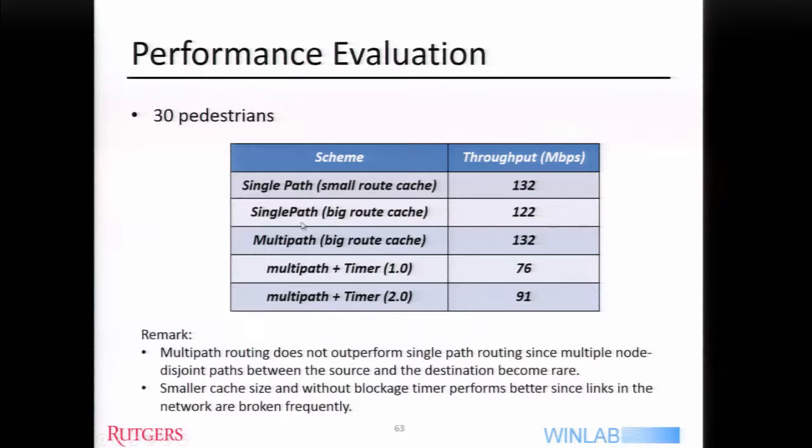And just like the mobile ad hoc network when nodes are moving faster, when too many people are in the room, link outage will happen very frequently. In that case, probably the shortest path with a smaller cache size will be the best solution when there are 30 pedestrians in the network. The blockage timer will not help a lot, and multipath routing will not help either, because we cannot find multipath routes from the source to the destination.